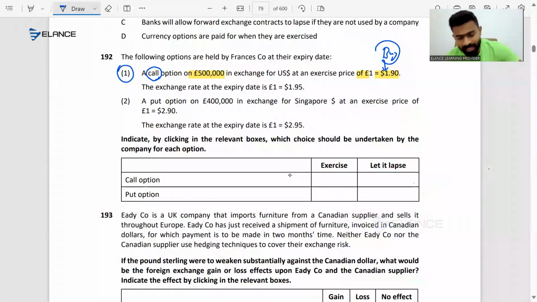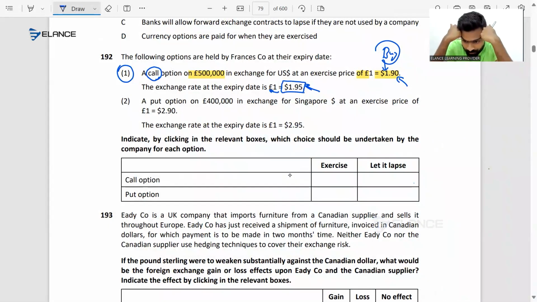Assume on the expiry date, the market rate is 1.95 for each pound. For each pound, you have two options. Either you can exercise at the exercise price and buy at 1.9, or you can buy from the market at 1.95. Which is the better option since it's a buy option? Buy at the smaller rate of 1.9 or buy at the higher rate of 1.95?